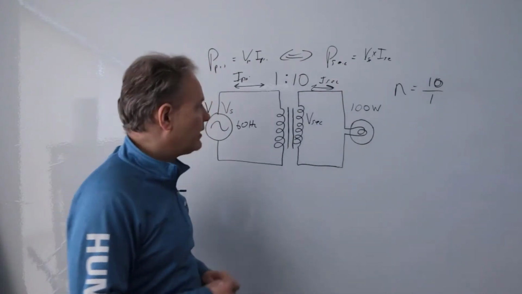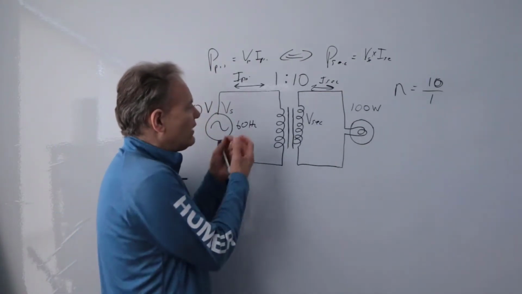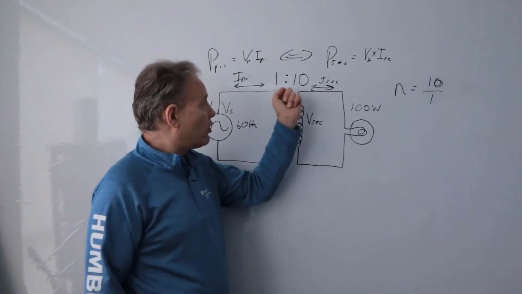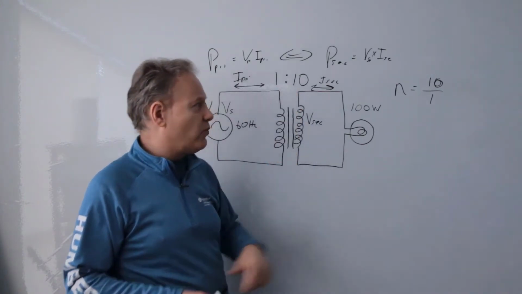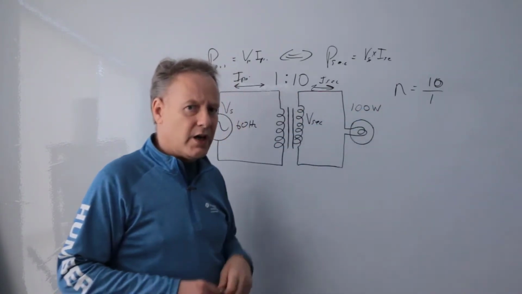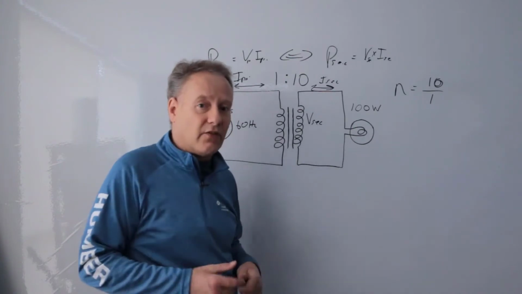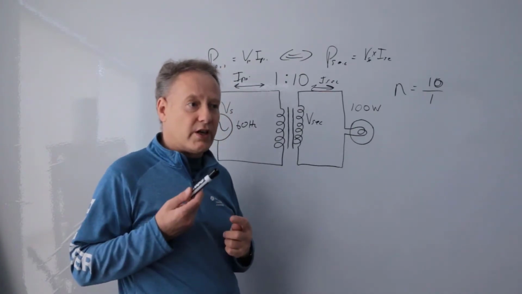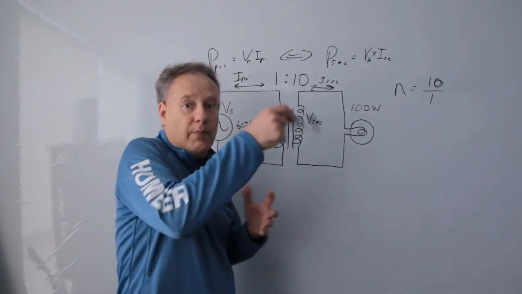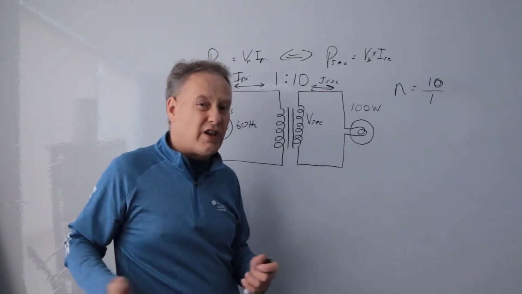So what's happening here is that I'm talking about why this number is like this, and why this N is like that. If I'm looking at this from the perspective of voltage, I know that the voltage is either going to go up or going to go down. The current's going to do the opposite.